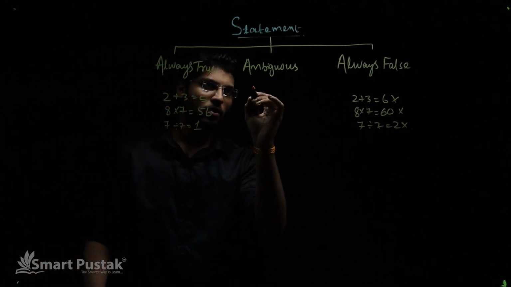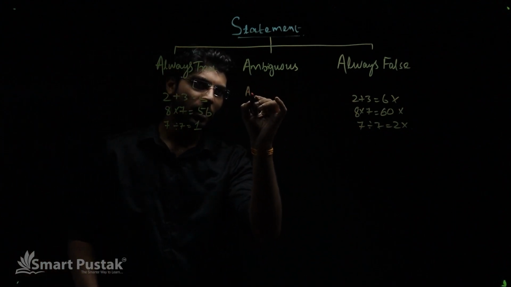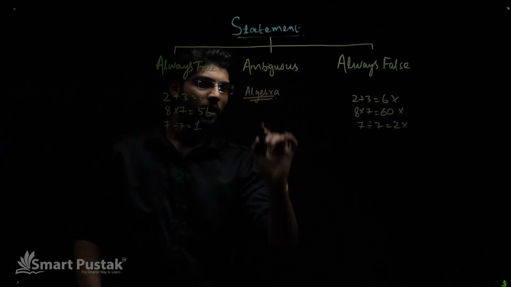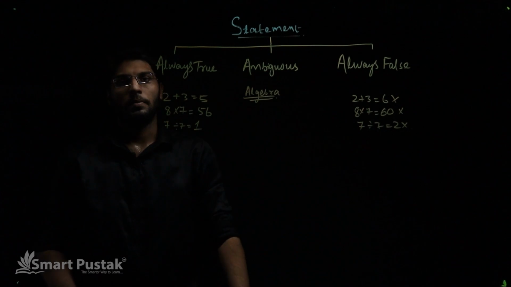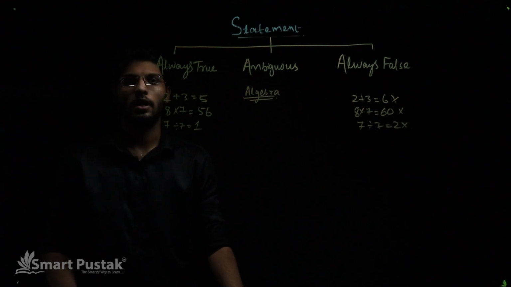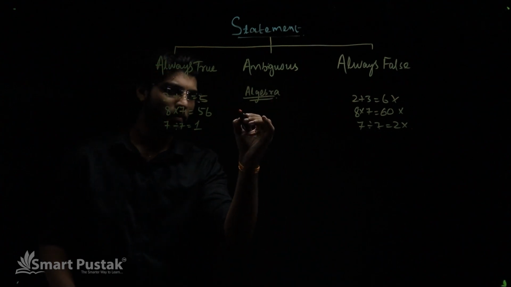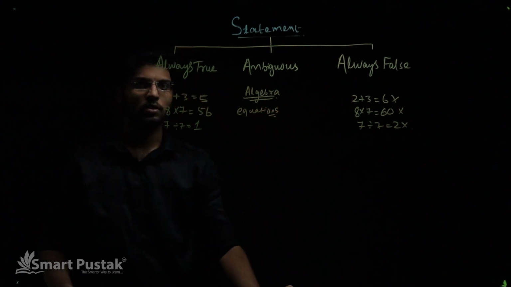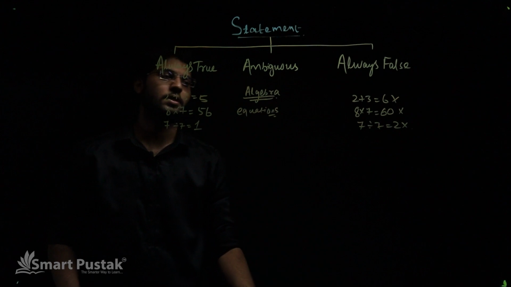For this, we have to follow one branch of mathematics I have already explained, algebra. What is algebra? The branch of mathematics that deals with variables and constants is nothing but algebra. Now, what is an algebraic equation? An equation consists of variables and constants with an equal to sign.